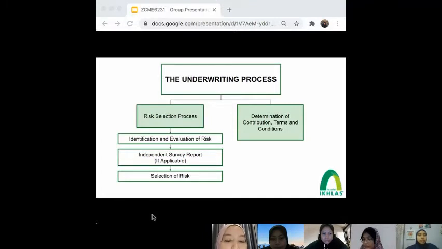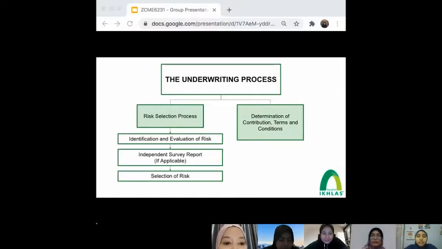After this classification is completed, the risk is rated in terms of the contribution to be charged. And a certificate at the end of it will be issued and subsequently delivered by the agent to the client.